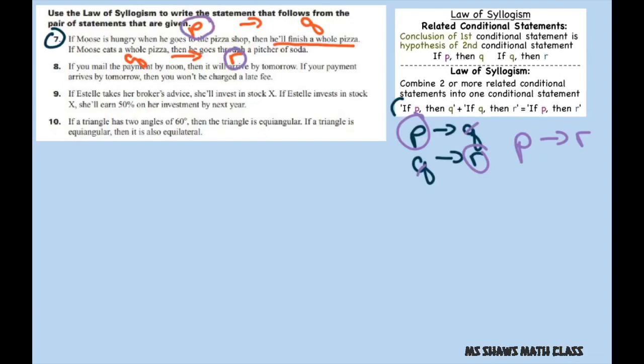So what you're going to write is if the moose is hungry. So just write that down. I don't want to write the whole thing down, so I'll just write it down for the first one. If moose is hungry, he eats a whole pizza.